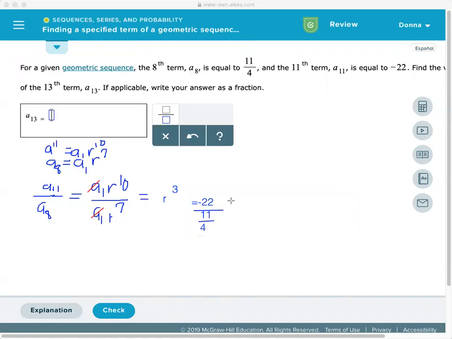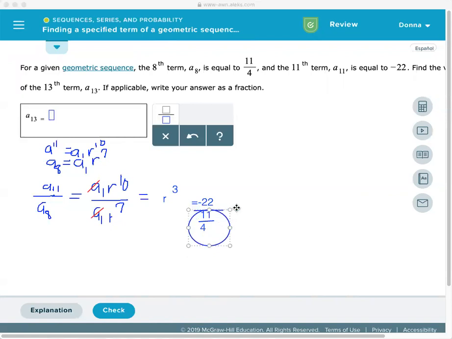Well, it turns out if you take the denominator, this guy here, of 11/4, you're going to invert and multiply.